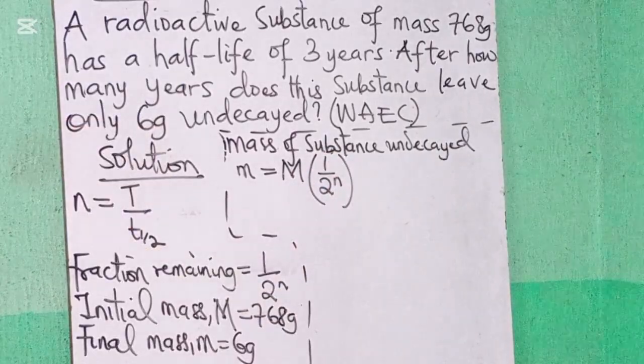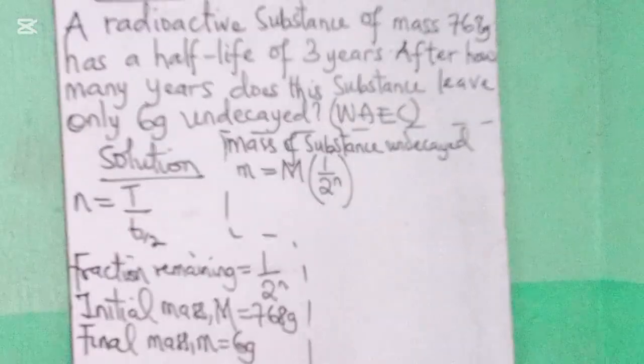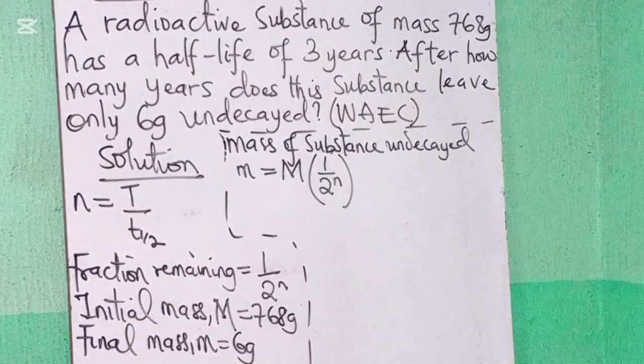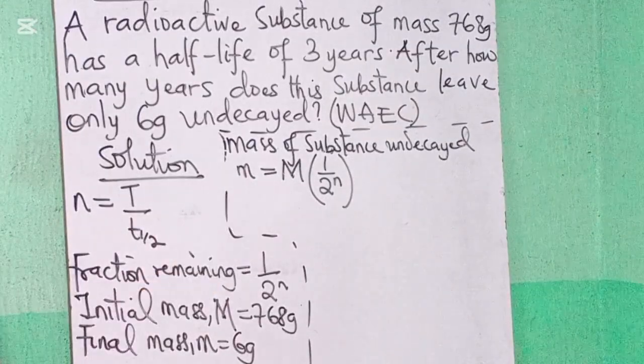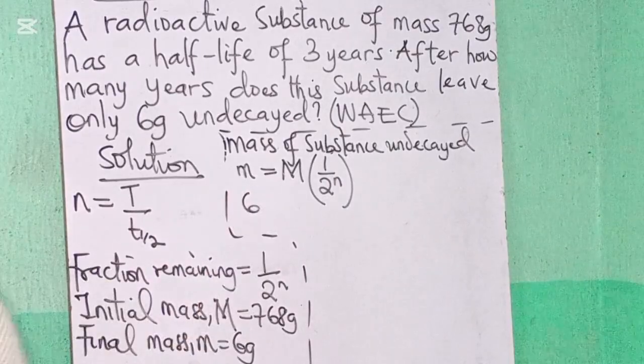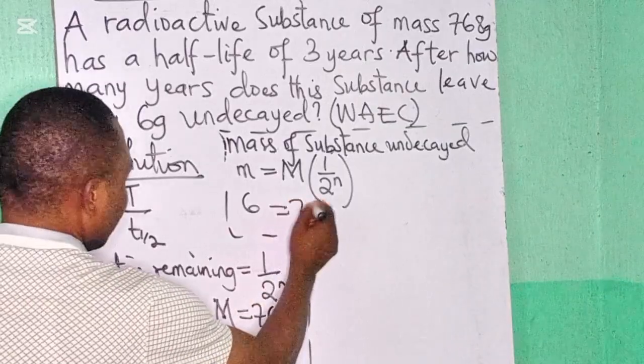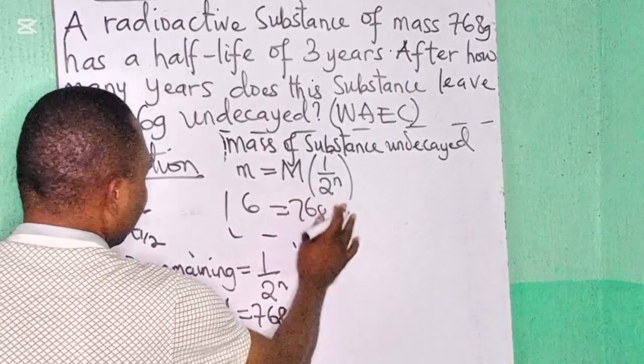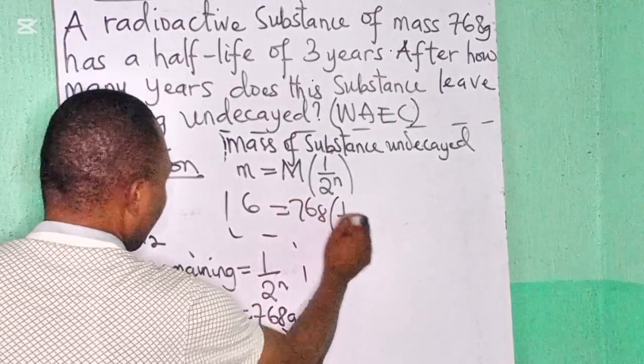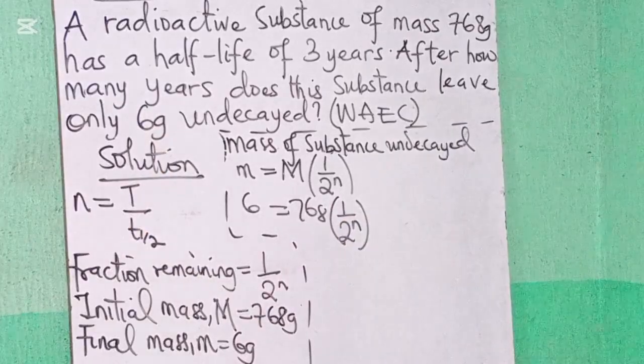Please take note of this. This is what we shall be using to get the value of our m. Now this our m here is 6, and this other big M here is our 768. Now brackets open, 1 over 2 raised to the power of n.